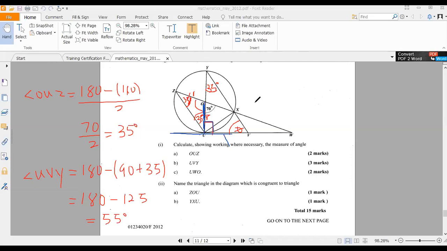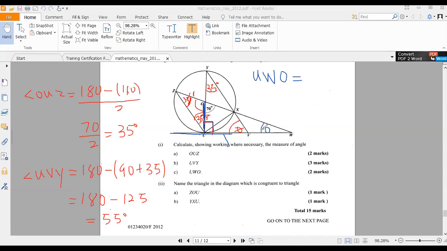Now, next one, we want to find angle UWO. How do I find angle UWO? I want to find this angle here.